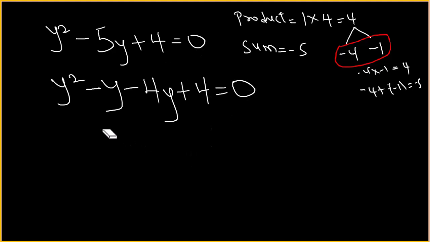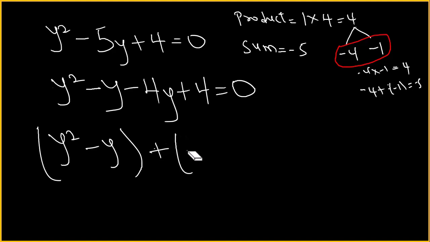So we are going to group this into factors. Now I have y squared minus y in brackets, plus negative 4y plus 4 is equal to 0. At this point, what most of the students do is, in the grouping, they make this petty mistake, and it costs them really much.